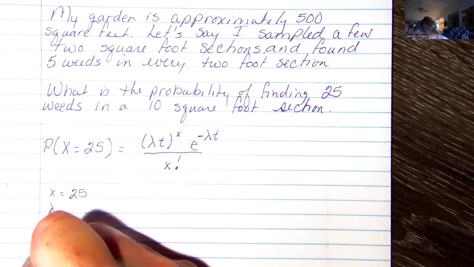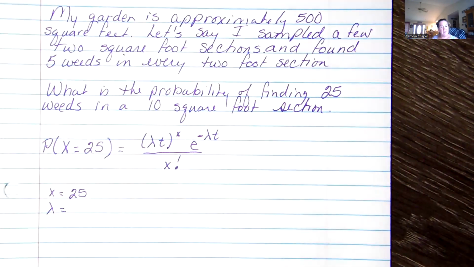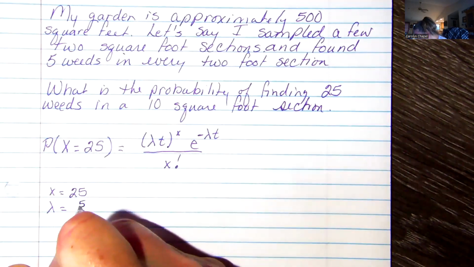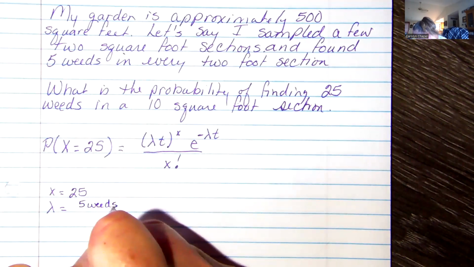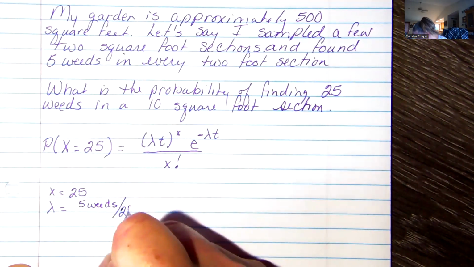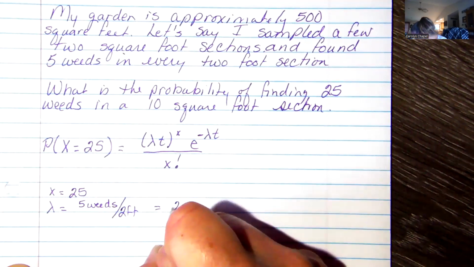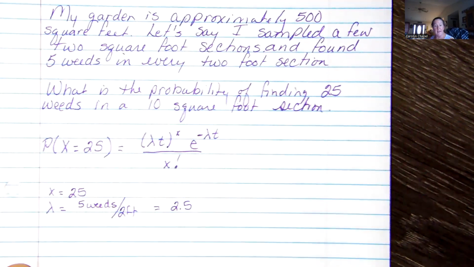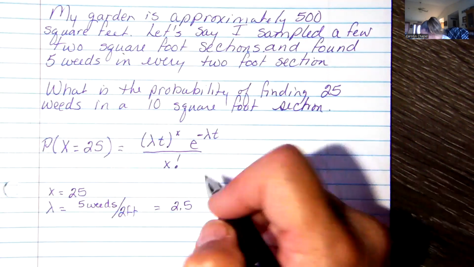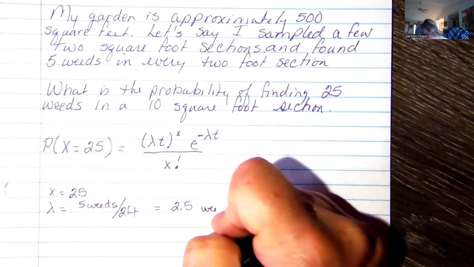Our lambda, remember, is the average number of occurrences that we find in an interval of unit 1. So we found 5 weeds every 2 feet, which means our lambda is really 2.5. I'm just dividing that 5 by 2 weeds per foot.